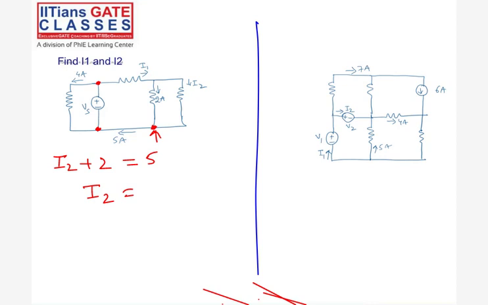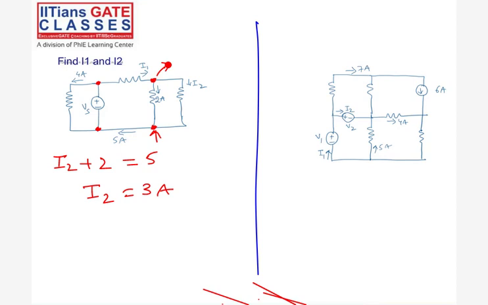Clear, everyone? After this, come to this node. Tell me the KCL at this node. Tell me the incoming currents here. I1 is equal to 2 plus I2.